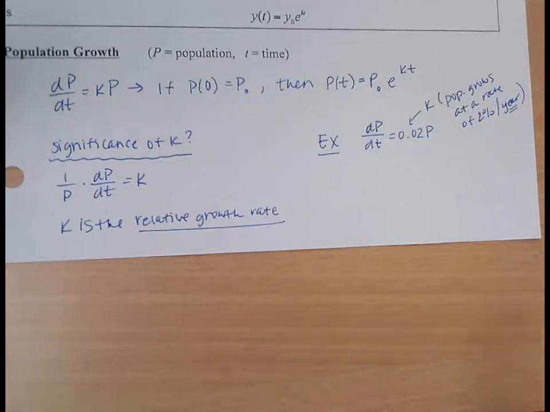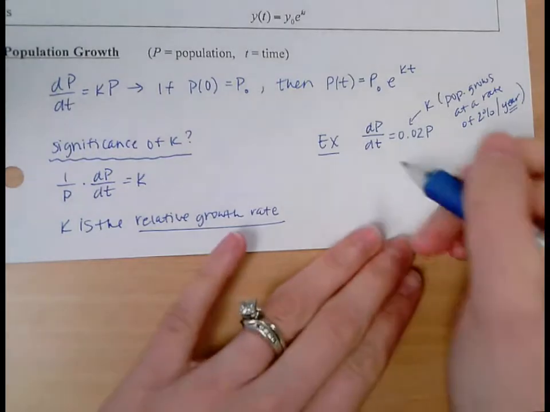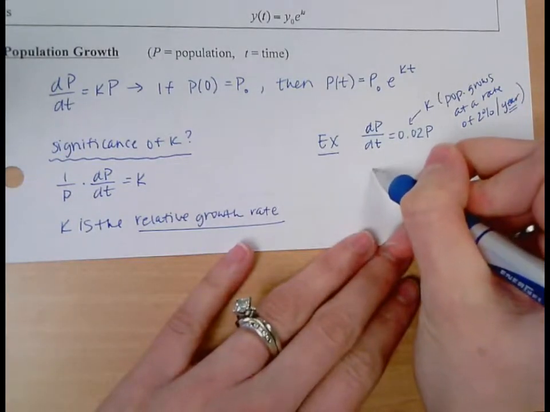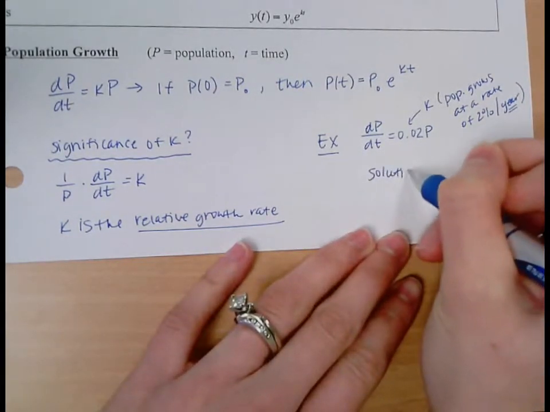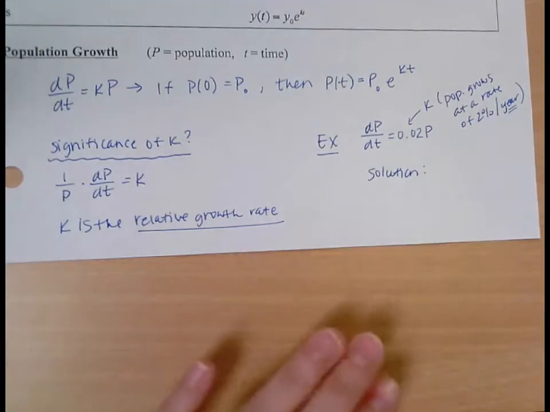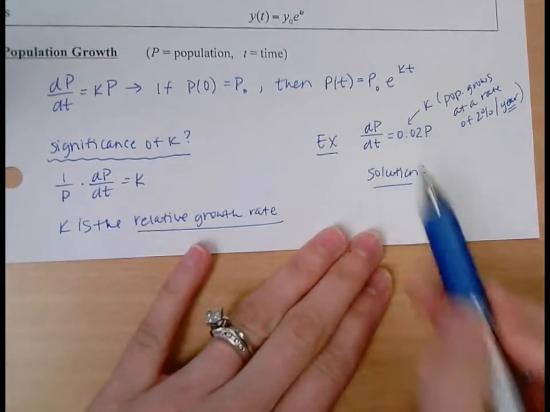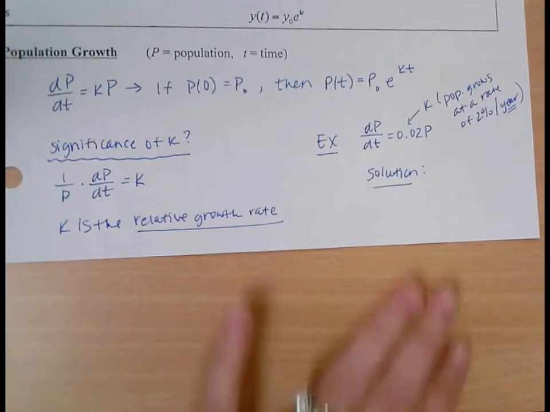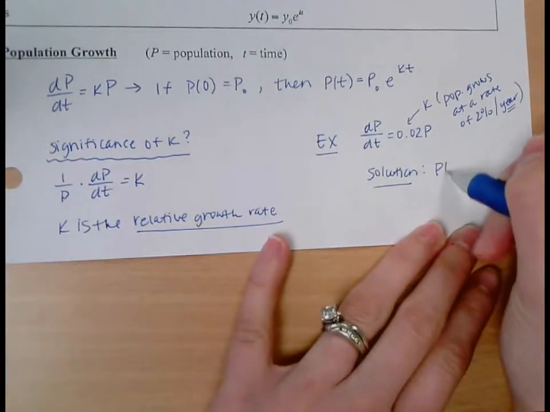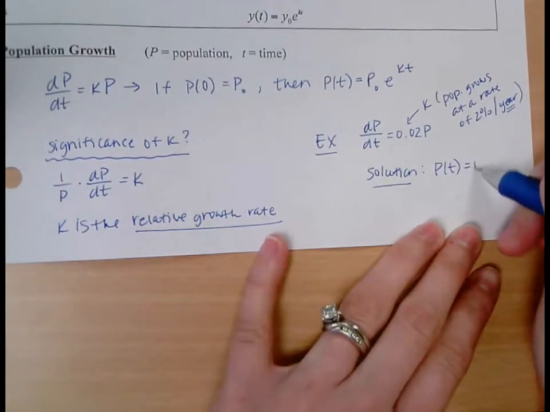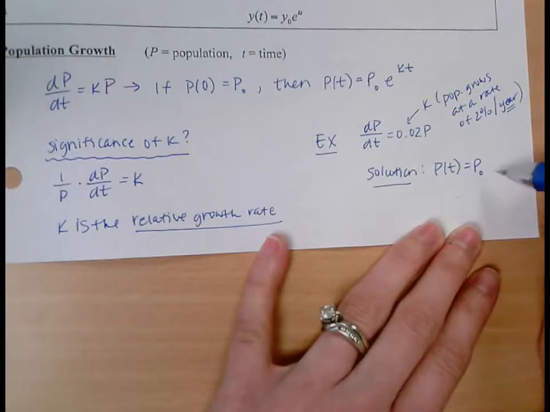And then from here, just to show you the solution to this differential equation, we wouldn't be given the initial population size by what I wrote down, but I could say the solution P(t) would equal P sub 0, the initial population, times e to the 0.02t.